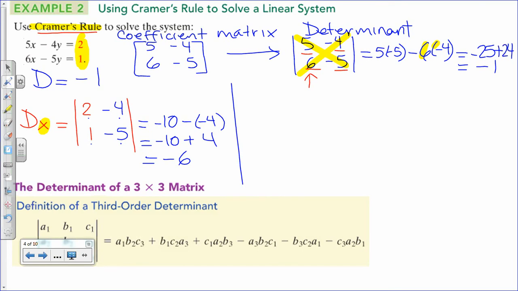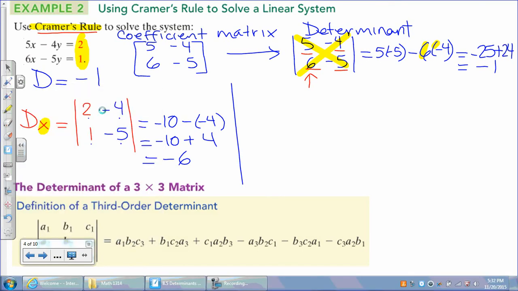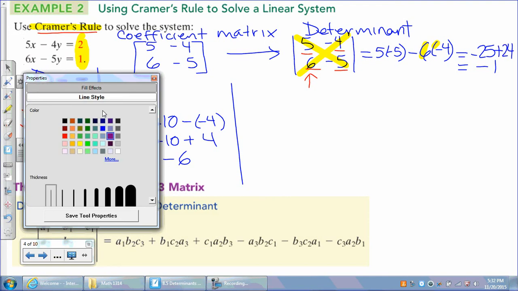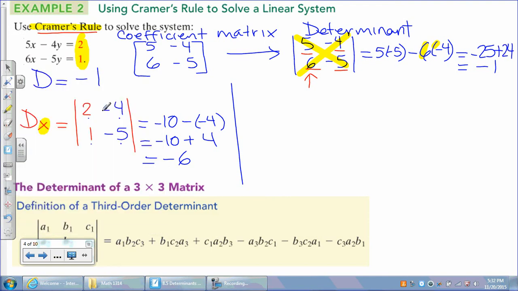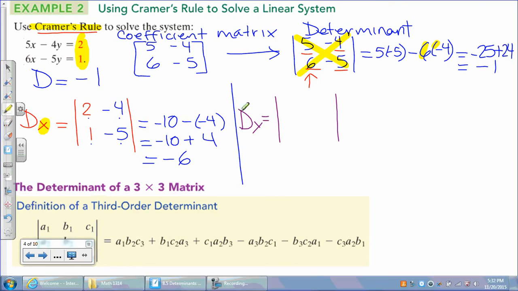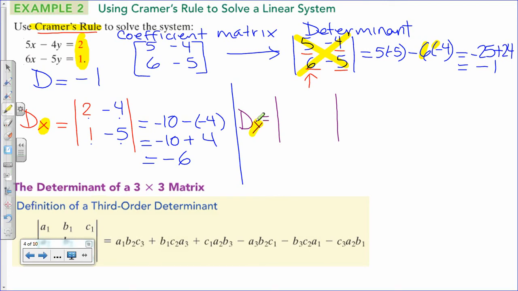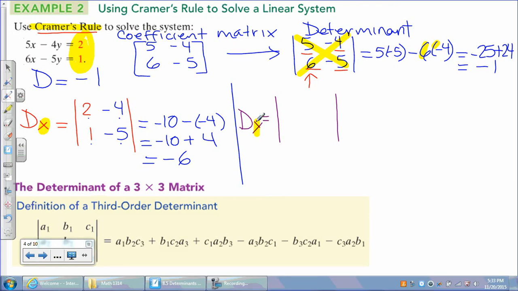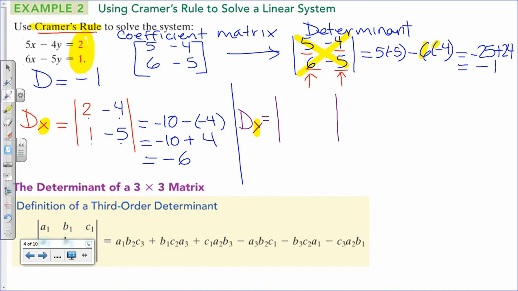Now we're going to find the determinant of y, not dy. That will be the same as the coefficient matrix, but instead of changing the coefficients for x, we change the coefficients for y with the constant terms. So instead of -4 and -5, we have 2 and 1.